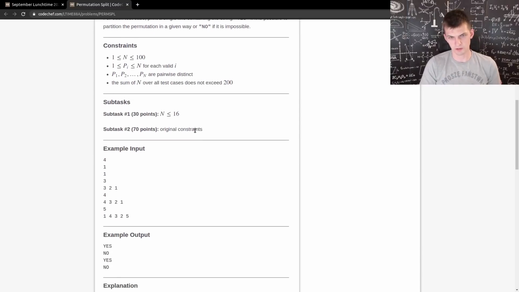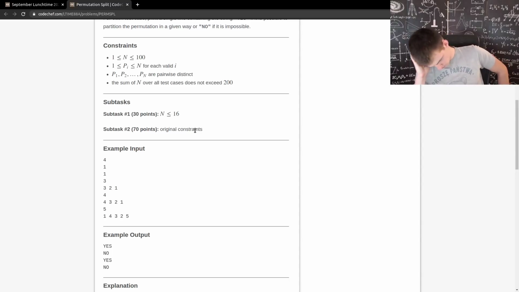Only print yes or no. For this, the answer is no. Is it because of the parity?